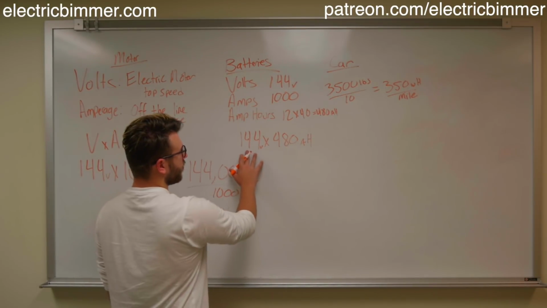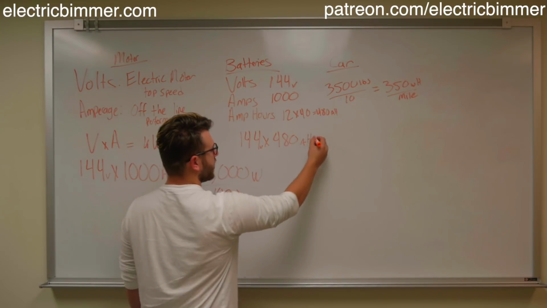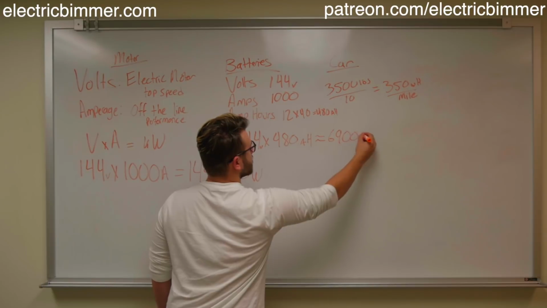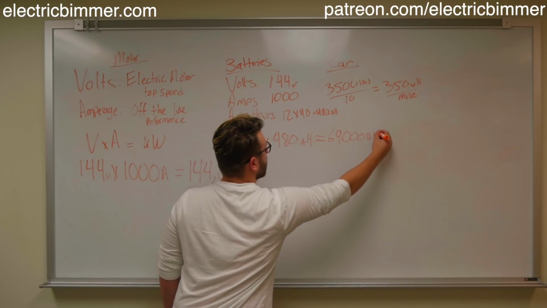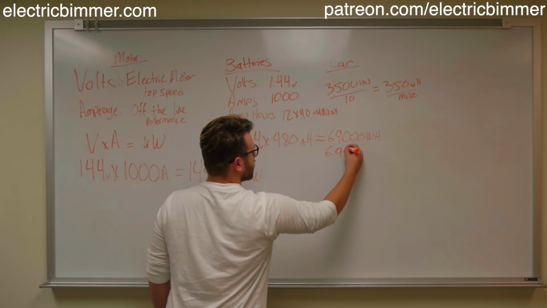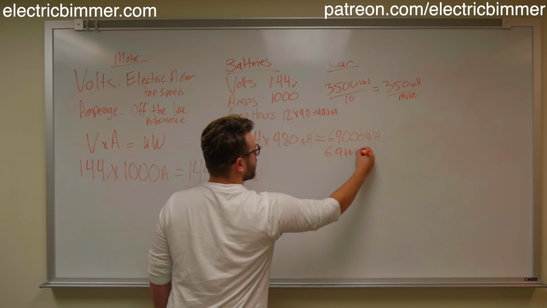So if we take 144 volts and multiply it by 480, that's going to give us about 69,000 watt hours, or alternatively 6.9 kilowatt hours.